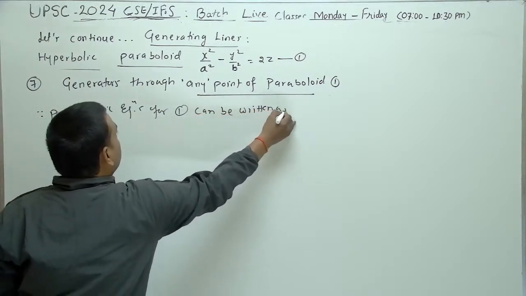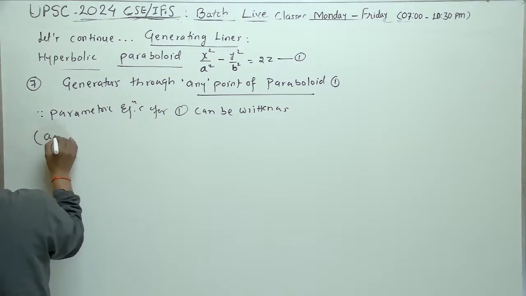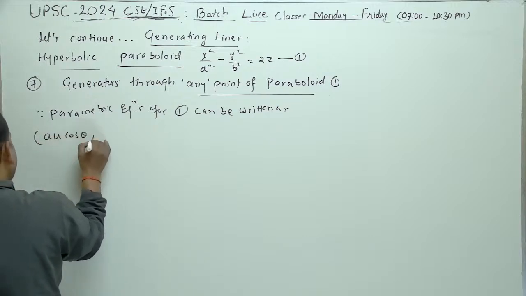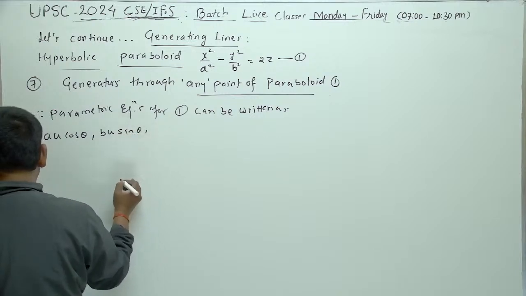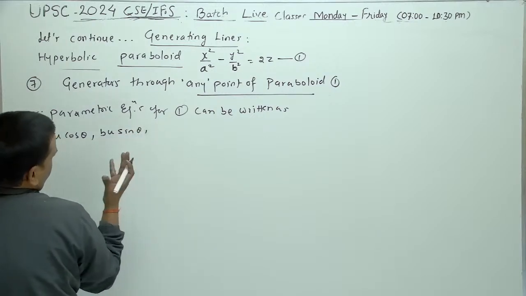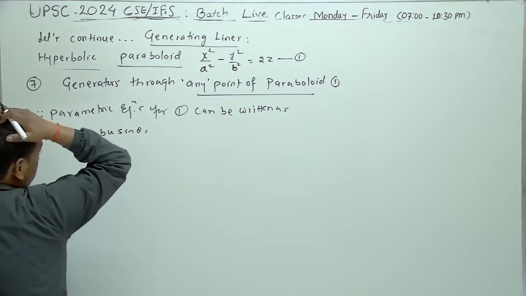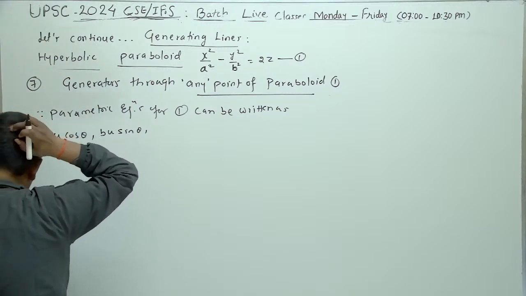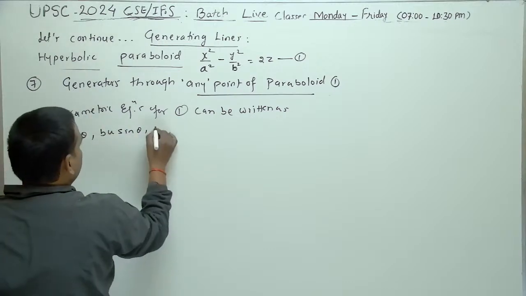It can be written as: in place of x we can put u cos theta, in place of y we can put b u sin theta, and in place of z, u square by 2 cos theta sin theta, which will convert into cos 2 theta.